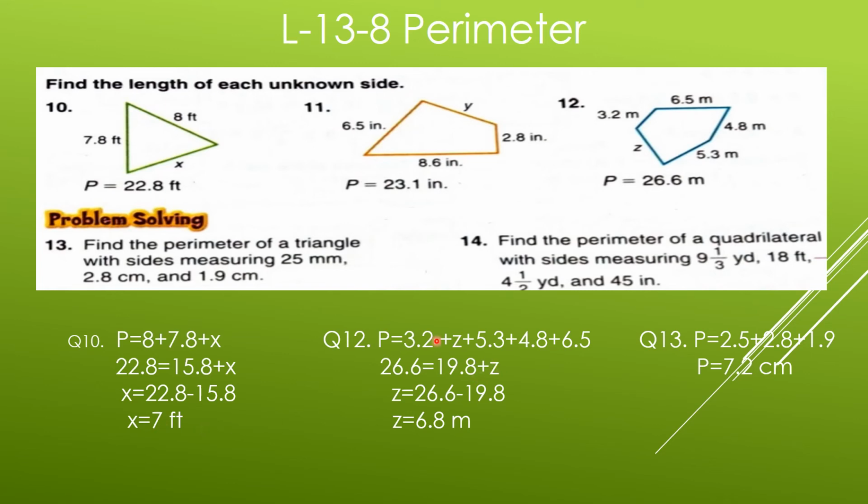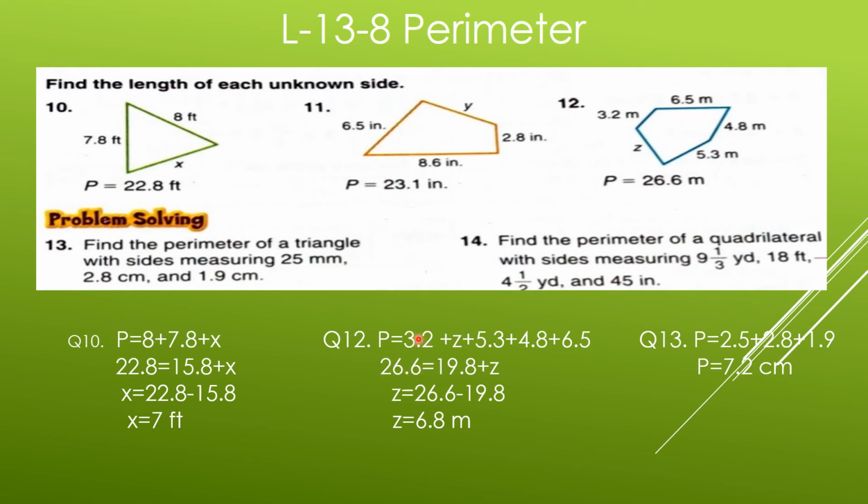In the same way, in this question number 12, you can see what is the perimeter. Perimeter is 26.6 and find one side Z. Then P is equal to all together this one: 3.2 and Z and 5.3 and 4.8 and 6.5. And what is the perimeter? 26.6.